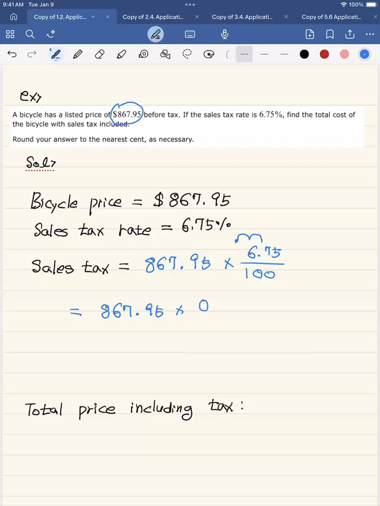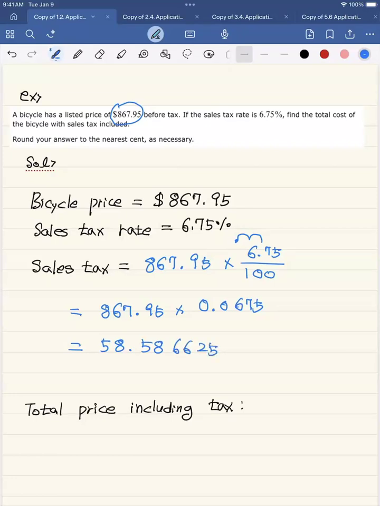So that becomes 0.0675. And then when you use your calculator, you will get 58.586625.